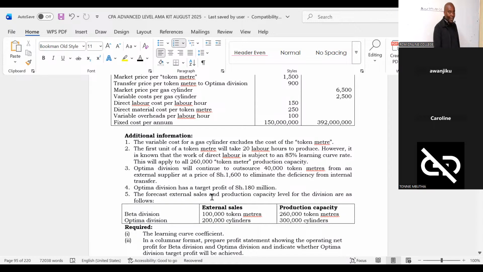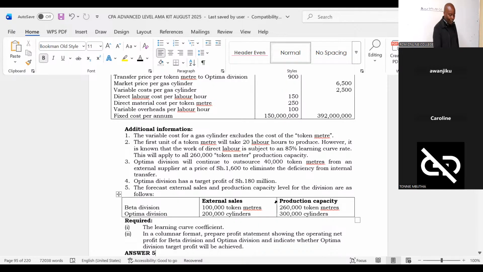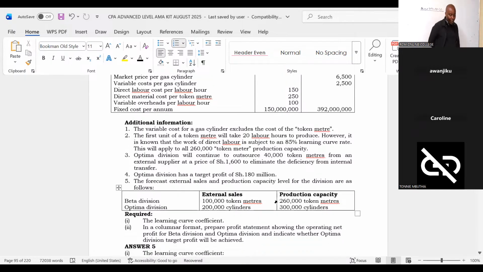The forecast external sales and the production capacity level for the divisions are as follows. You can see Beta Division external sales, 100,000 token meters, Optima, 200,000 cylinders. Production capacity, you can see there, Beta has 260,000 token meters, and Optima 300,000 cylinders.